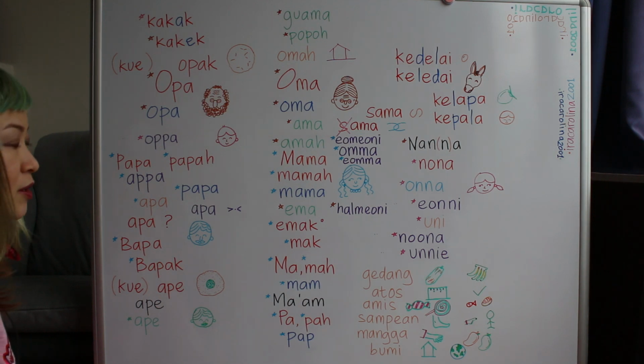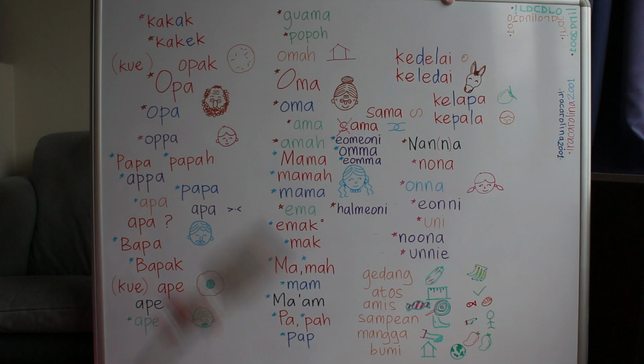But if you're male and you call someone that is old enough to be your older brother, or you call your older brother but you're male, you cannot call with oppa, you have to call with hyung.